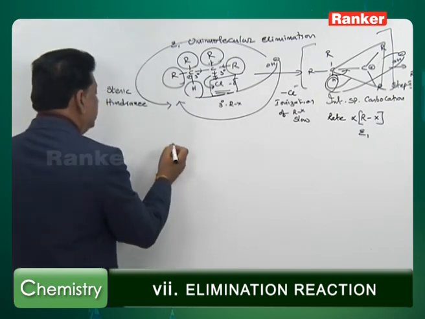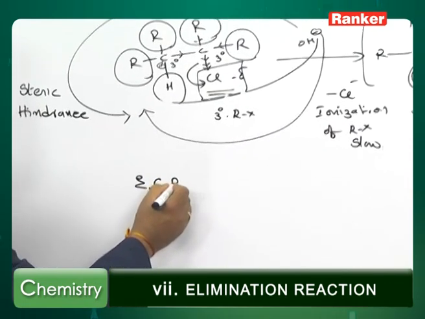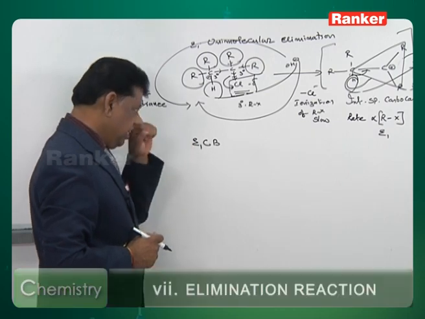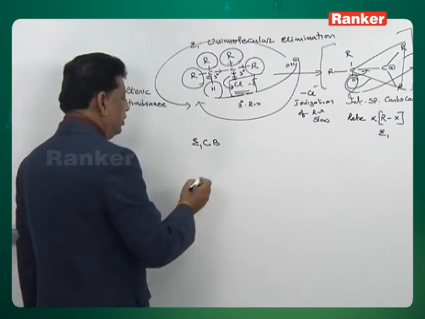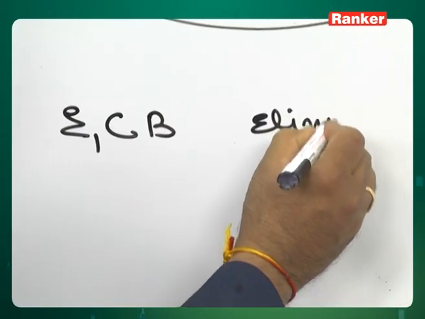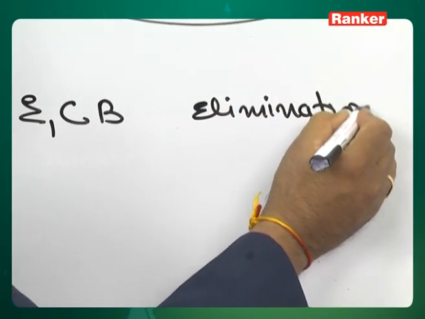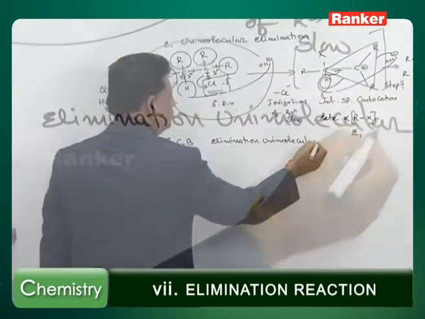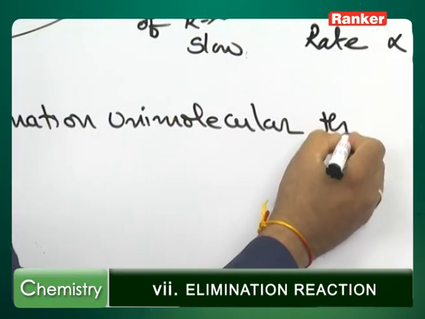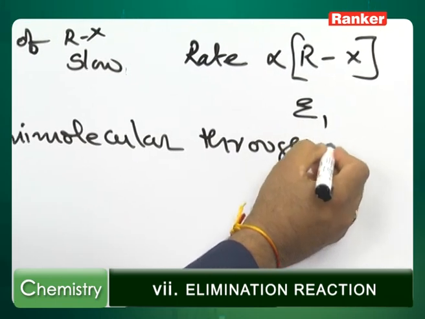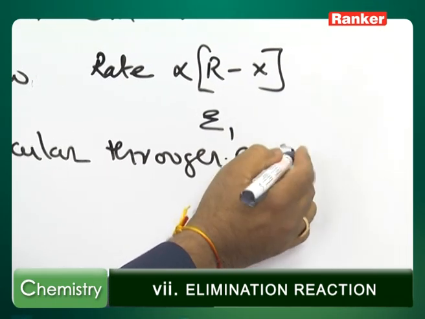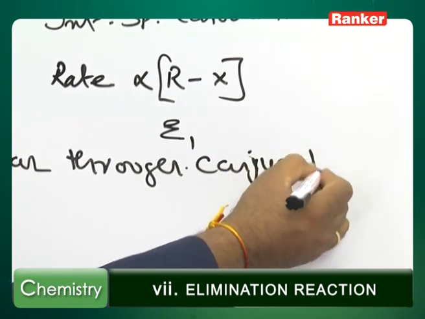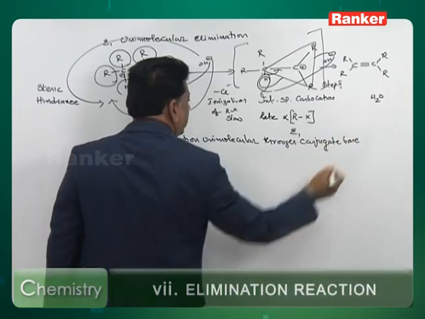So let us take the third mechanism, E1Cb. What does it mean? 1 stands for unimolecular, same as before: elimination unimolecular through its conjugate base. What does conjugate base mean?